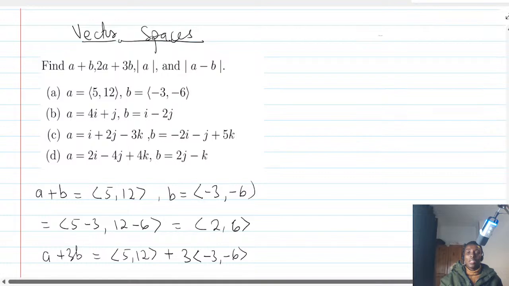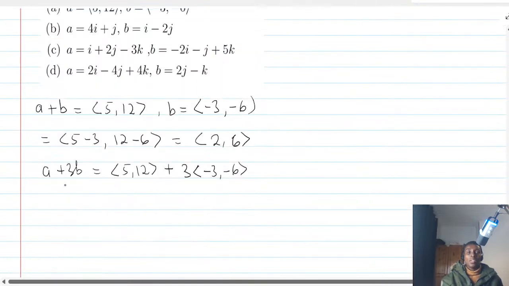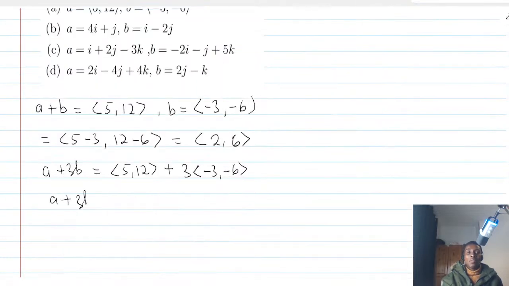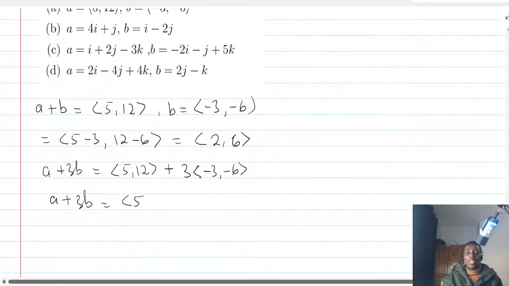Is that not it? So a plus 3b will be 5 plus, what is 3 times minus 3? That is minus 9. Sorry.